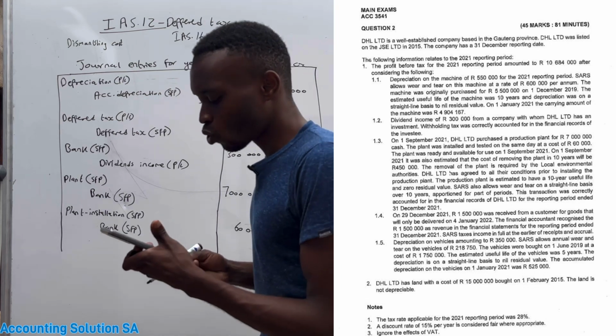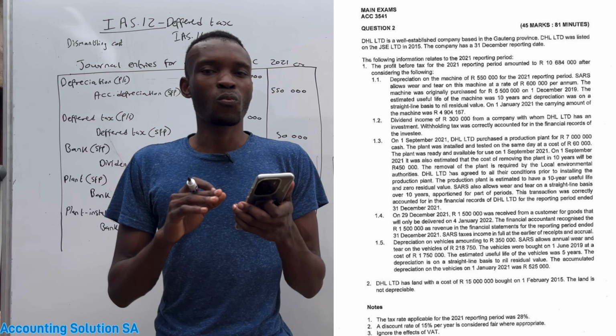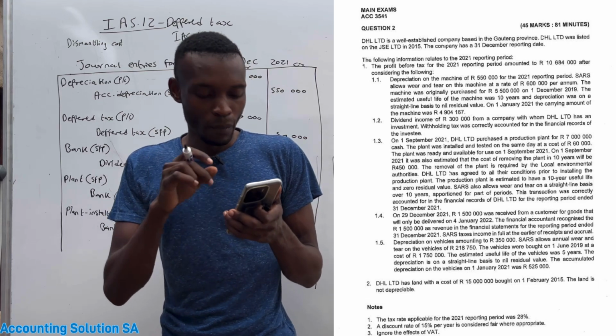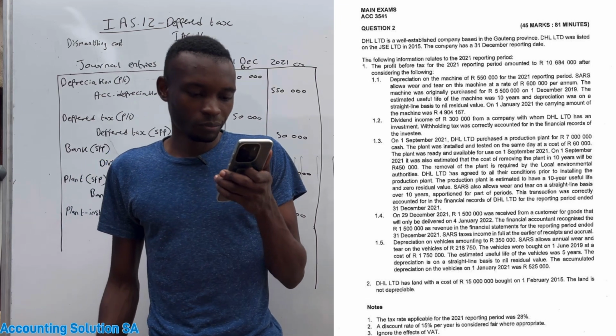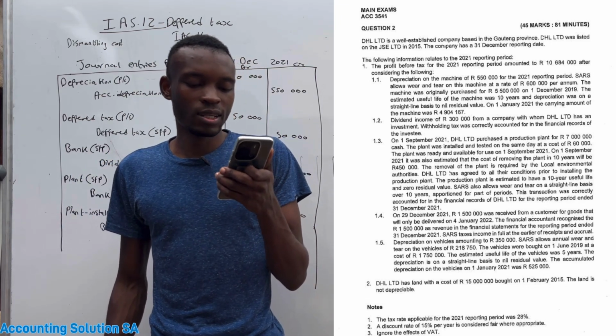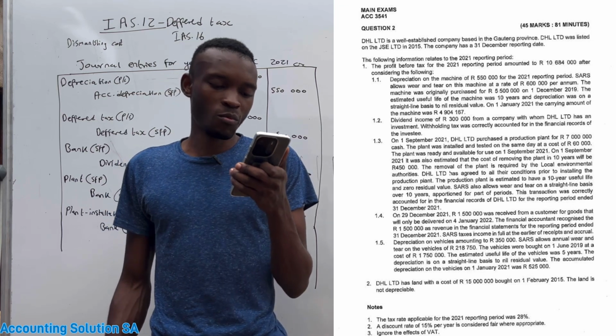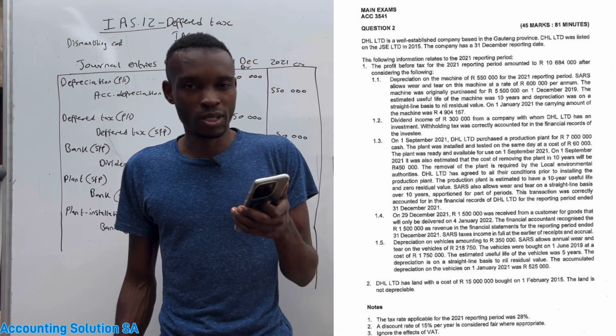So this dismantling cost, guys, they give us an amount which we call a future value, because they said it was estimated that the cost of removing the plant in 10 years will be 450, and the removal of the plant is required by the local environment authority.